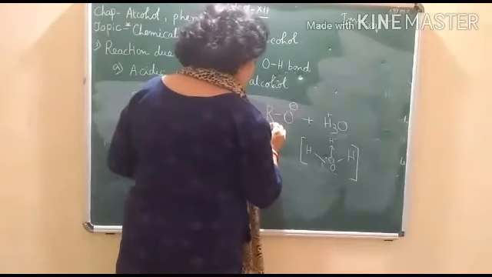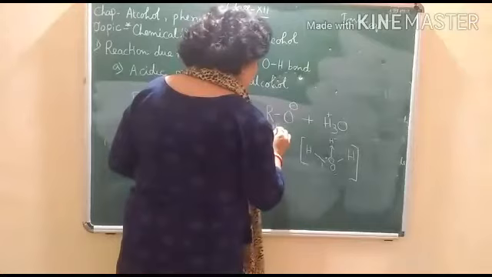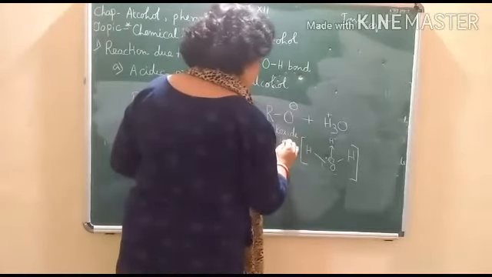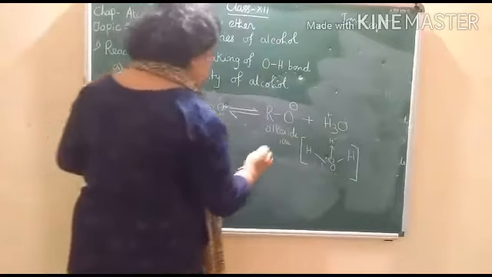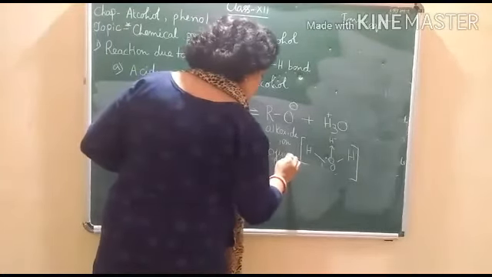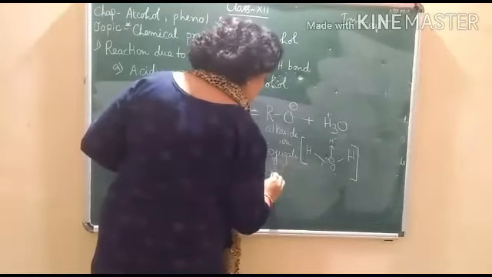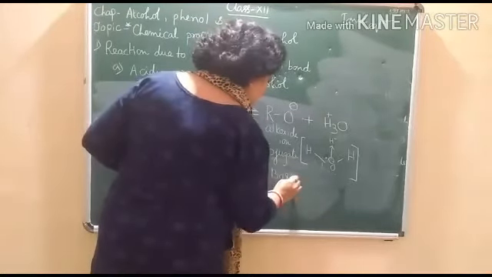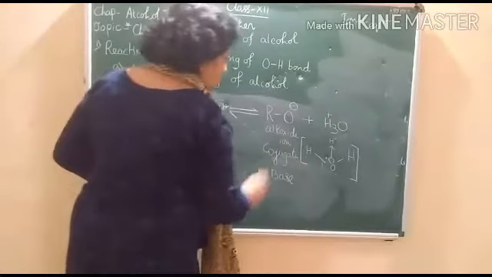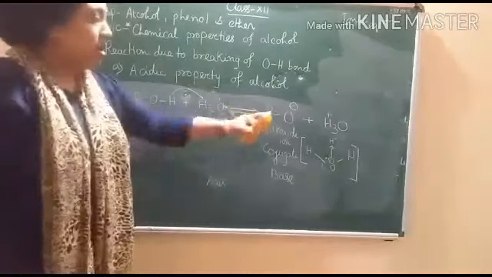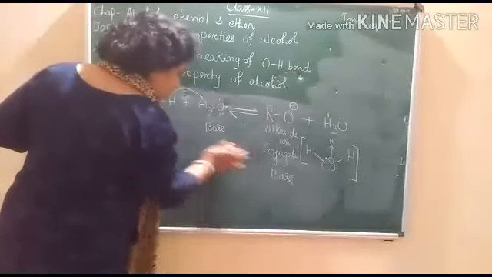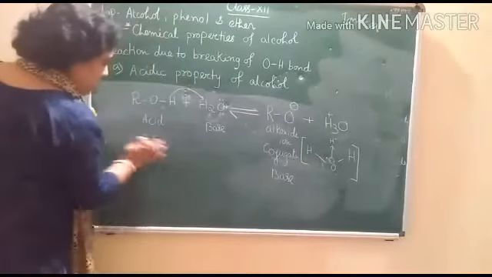Simultaneously, what we will write: alkoxide ion is a conjugate base. So we can call this one alcohol. That is why it is told that the acid property is very less.